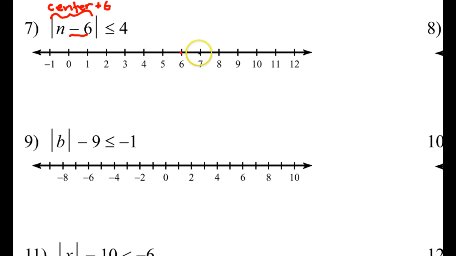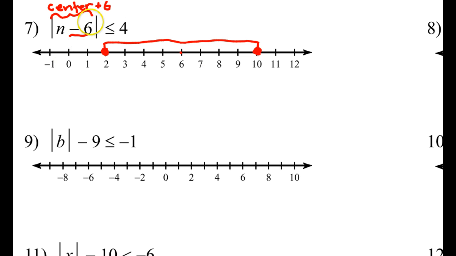And then 4 away on either side. 4 away would be 10. Right? 1, 2, 3, 4. And 4 away the other way would be 1, 2, 3, 4. And less than 4 away. So I could be 1 away, 2 away, 3 away, 4 away. Anything less than 4 away. So that's everything in between here and here. These are all less than 4 away from 6.